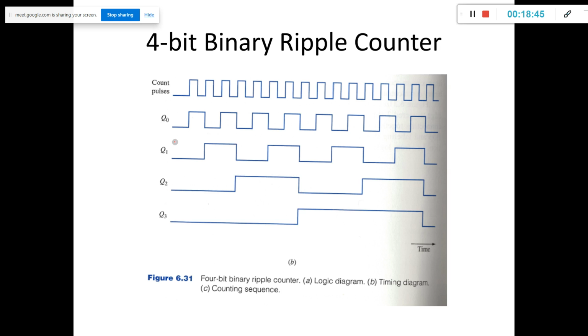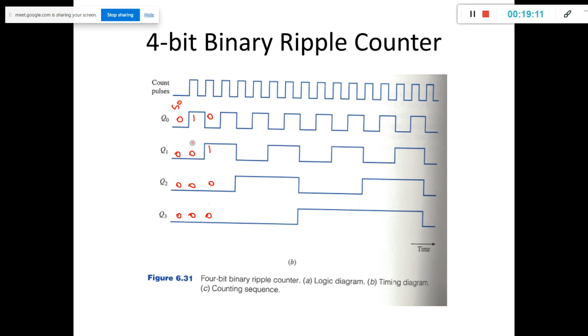Okay. So here, how do you do the counting sequence? 0000. Next 0001. Next 0010. Like this, you should see vertically 0000. State 0.